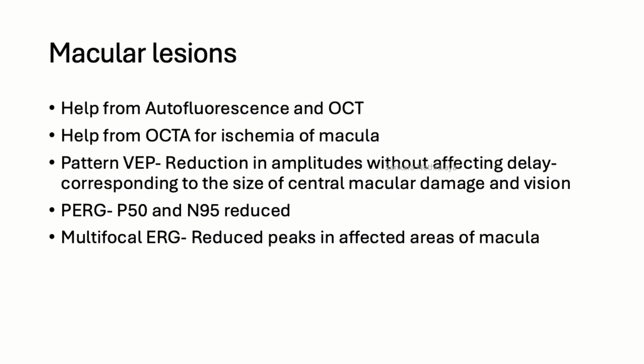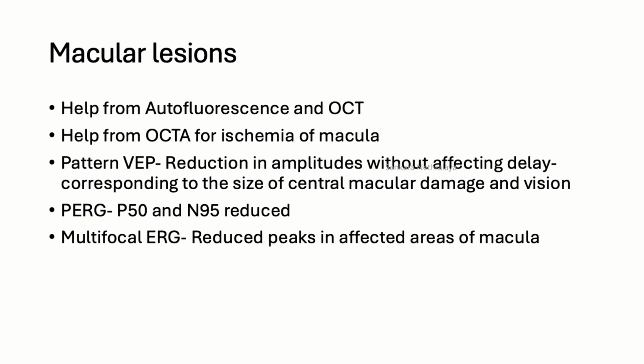That is hyper-autofluorescence. Hypo-autofluorescence means it has become so bad that it is dead now, and has been removed by macrophages. Then it becomes black. So normal autofluorescence is not black. It's subtle grey. You can take the help of OCTA.